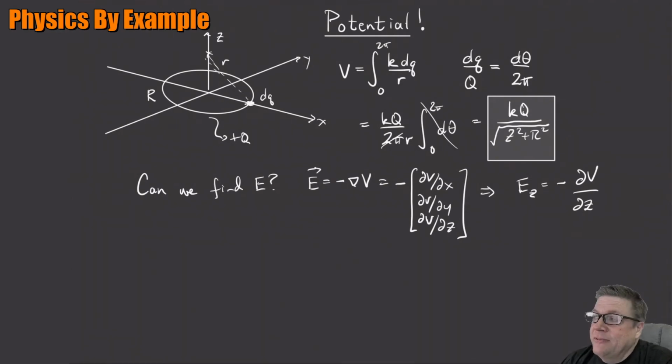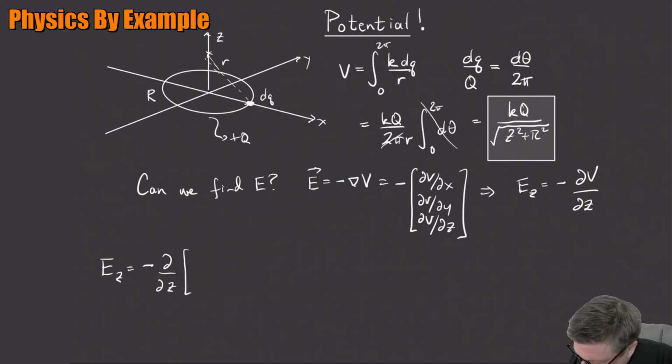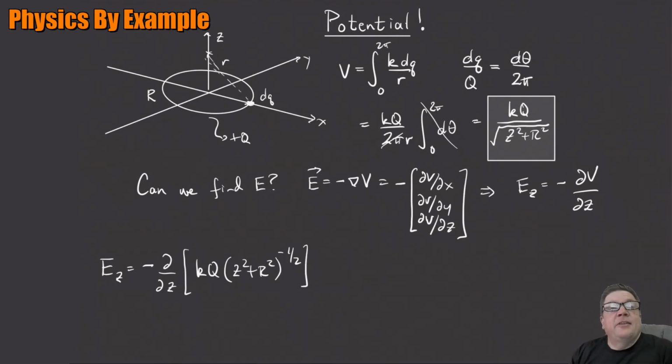So Ez is minus the partial with respect to z of kQ times z squared plus r squared to the minus 1/2. kQ comes right out front.